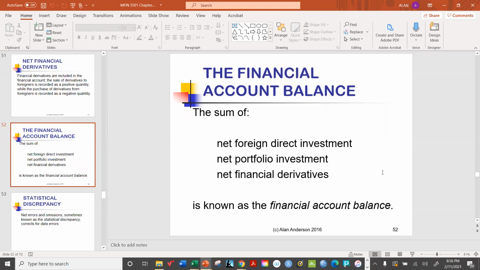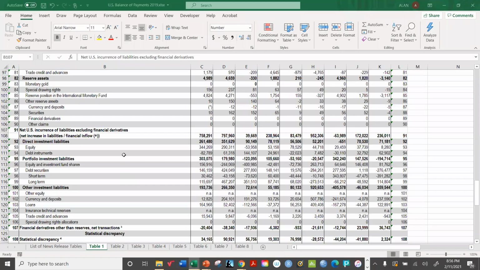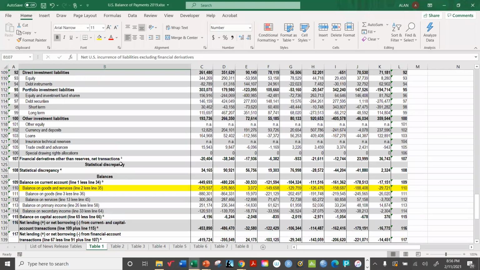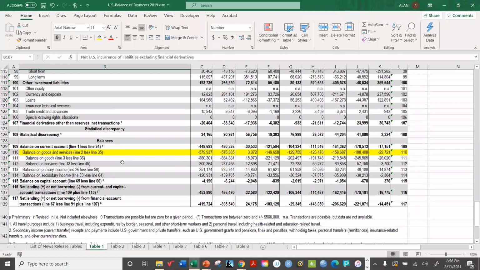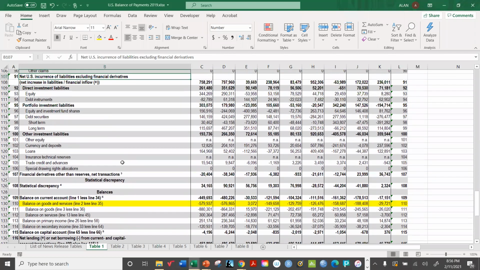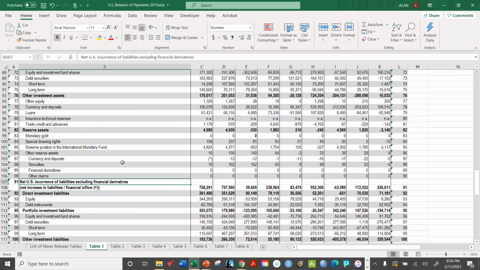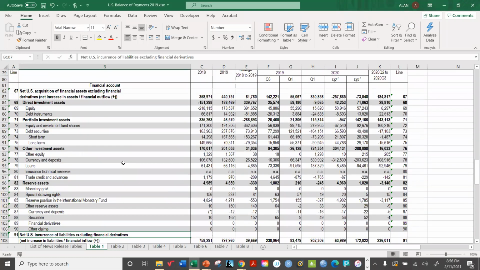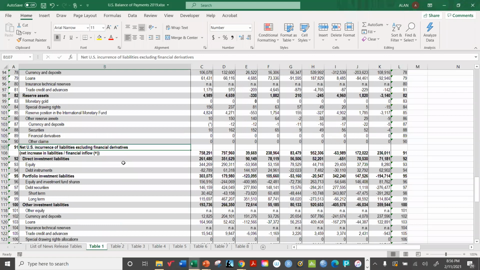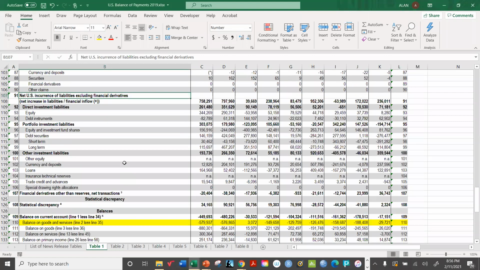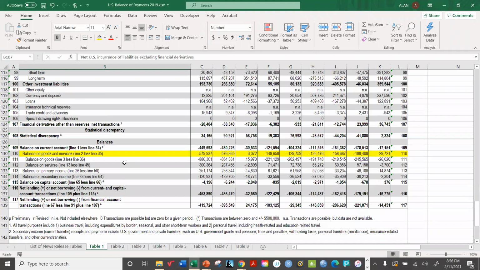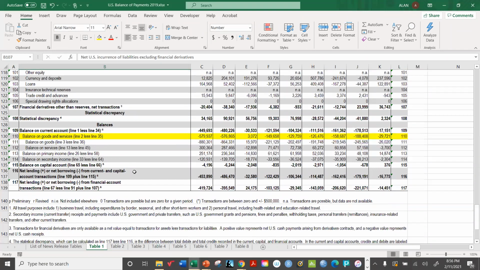Now, typically, the United States has a surplus in this account. Let's see how we did last year. So they're saying here that the balance in the current account is here.